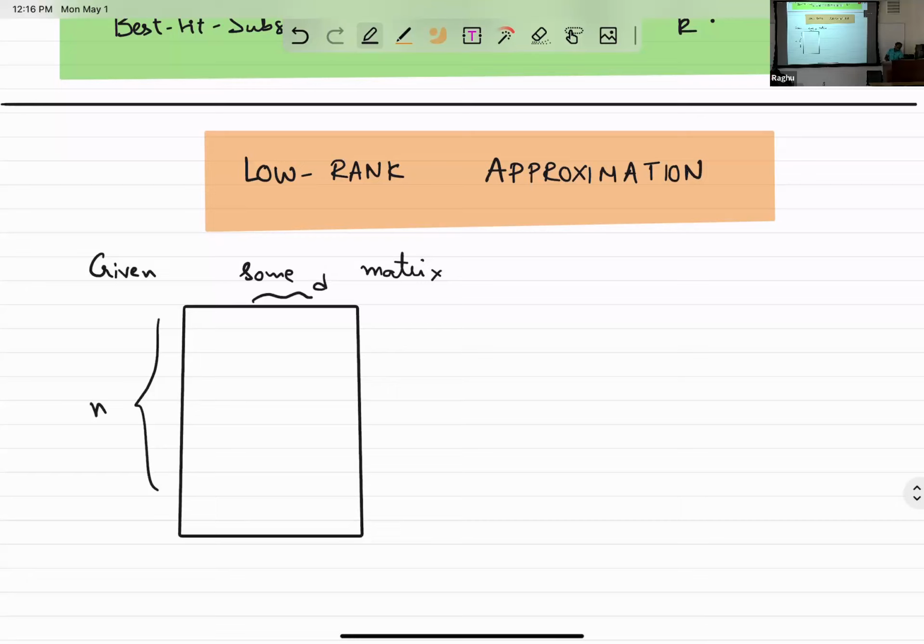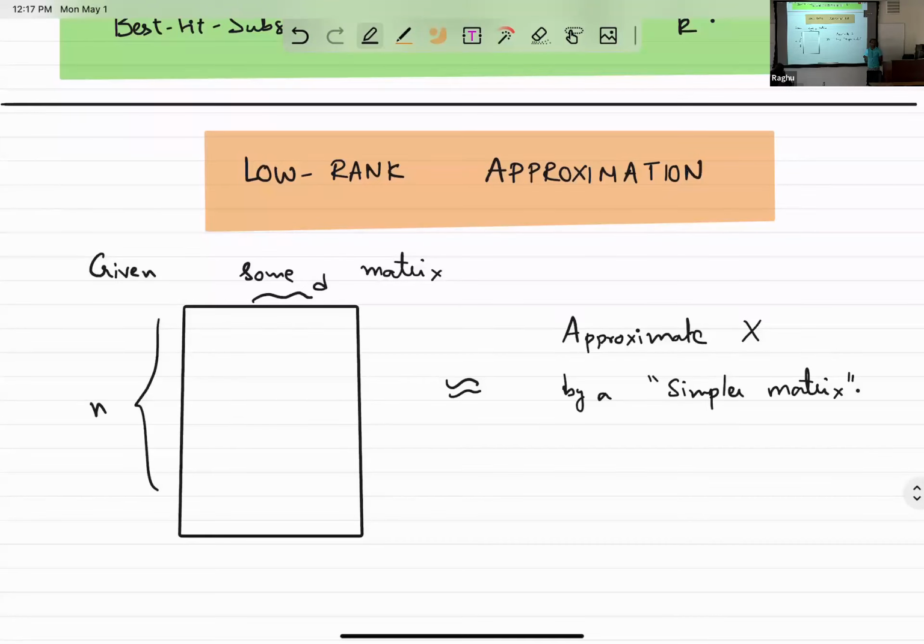And our goal is to approximate this matrix by a simpler matrix. You can imagine scenarios where this matrix is very complicated, maybe too cumbersome to store or to do operations on, so you want to approximate it by some kind of simple matrix.